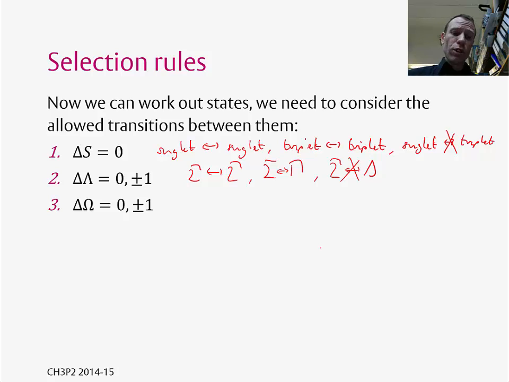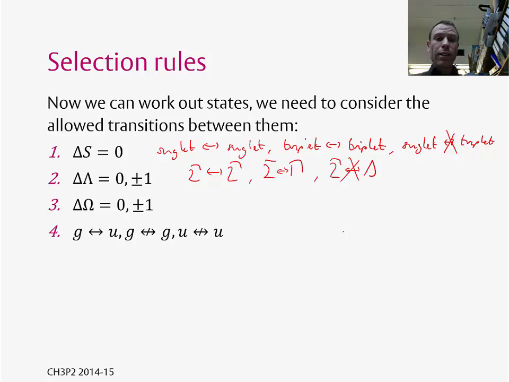We also have a selection rule for omega, the total angular momentum, the orbital component coupled with the spin part. I didn't say too much about that, so let's not worry about it, but it's the same as our delta J selection rule when we were looking at term symbols of atoms.